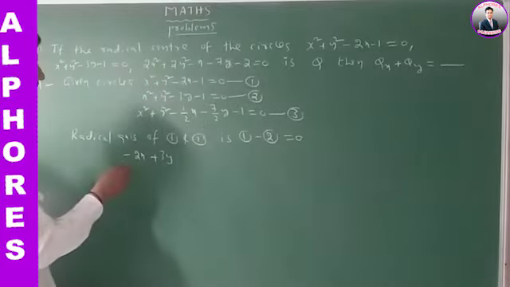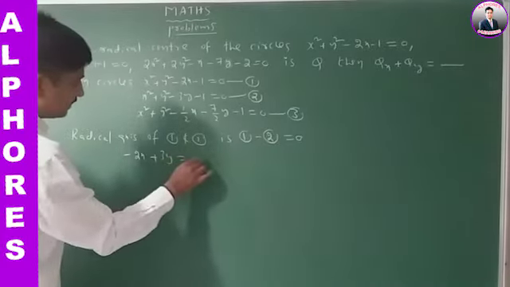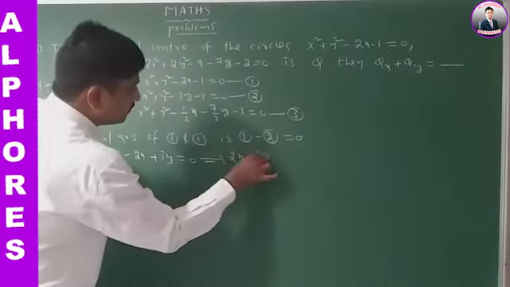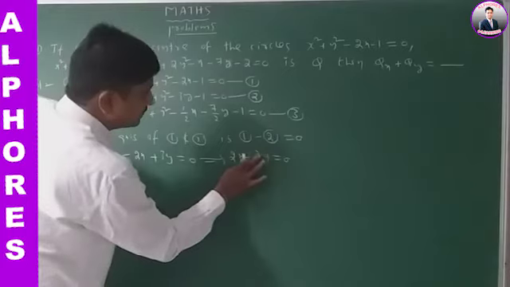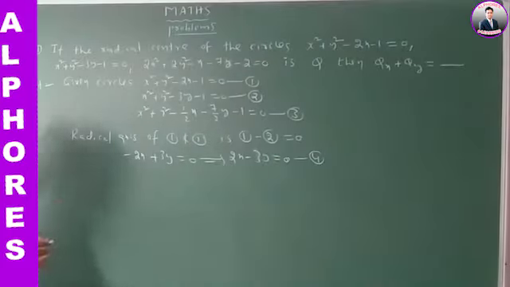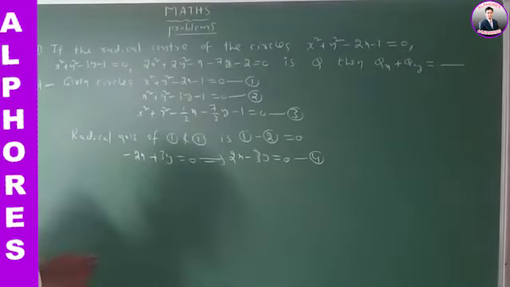Here minus 2x plus 3y equal to 0. Write as it is, 2x minus 3y equal to 0, equation number 4. It is the radical axis of the first and second circle.